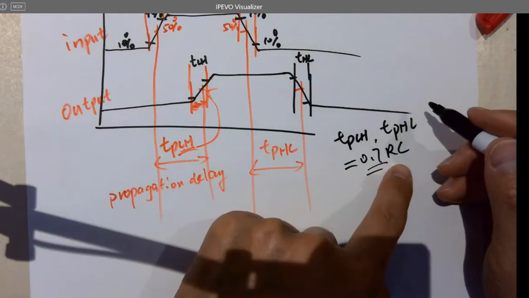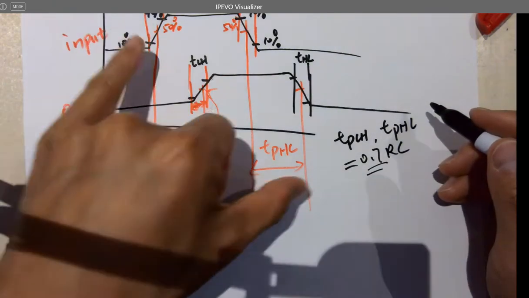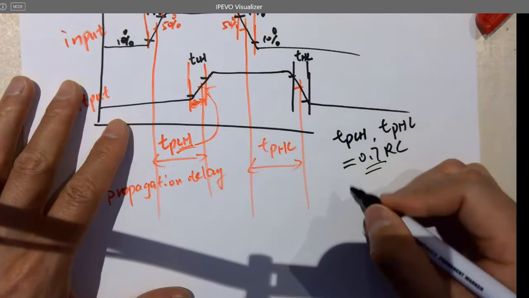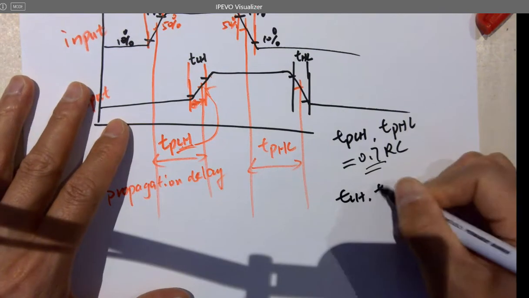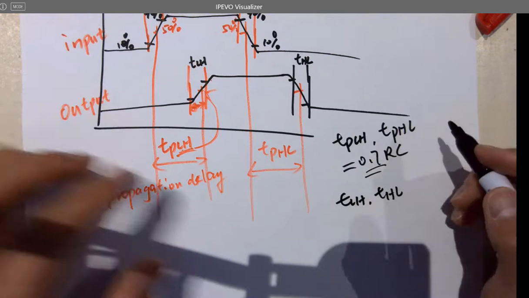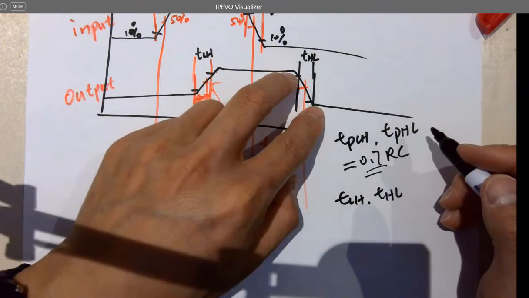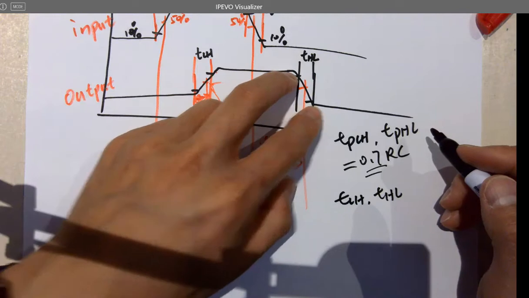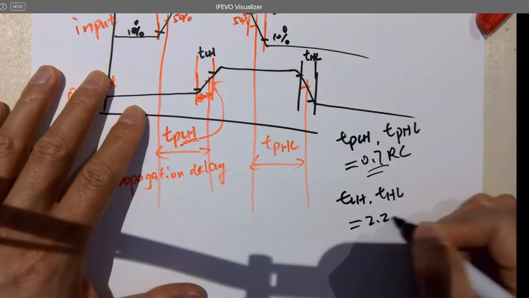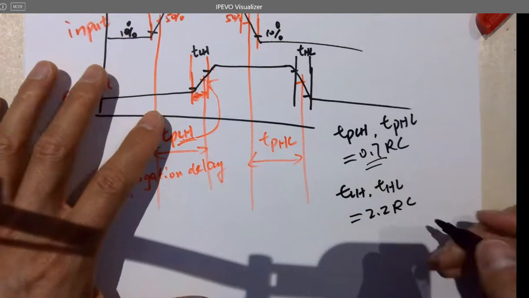0.7 RC is the propagation delay, and TLH, THL, these are different. They are not propagation delays. So these are calculated from the 90 and 10% of the amplitude, okay? And these equal 2.2 RC. And you can refer to the textbook.